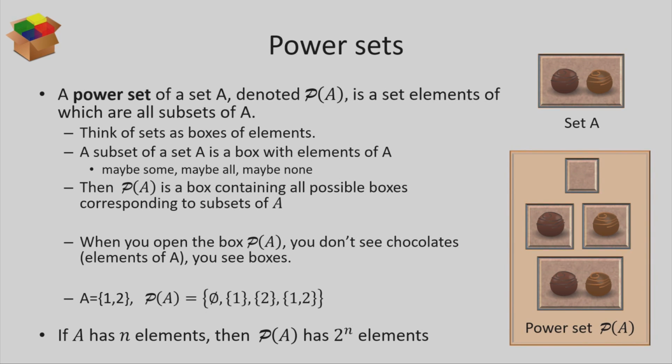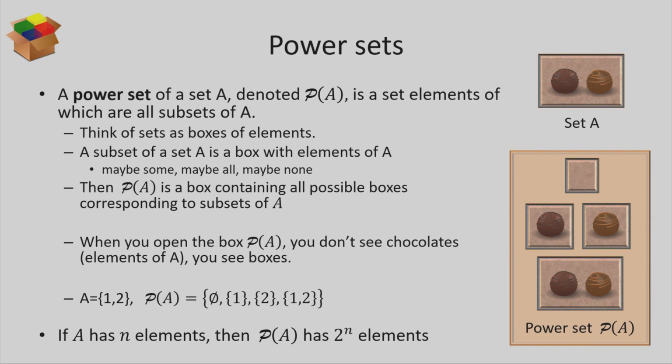Suppose you have a set of two elements. Let's say you have a box with two chocolates, a dark chocolate and a milk chocolate. So there are 4 options of what you could do. You could eat all the chocolate yourself and give me no chocolates. You could eat the milk chocolate and give me the dark one.